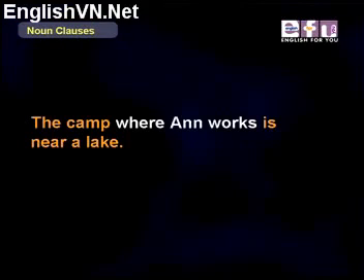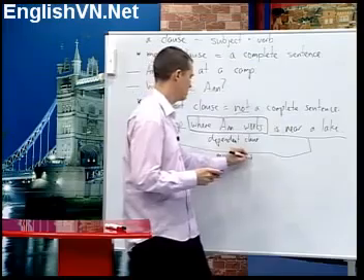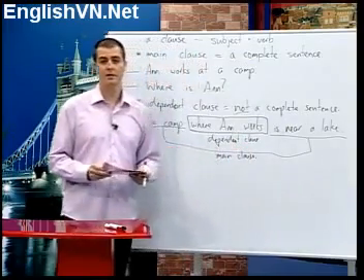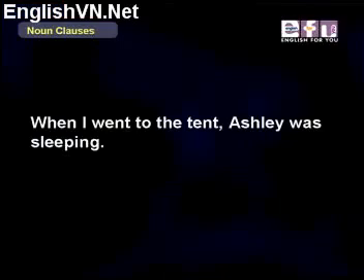The camp is near a lake. It's a complete sentence. The camp is near a lake. This is our main clause. Right. It's a sentence. It can be on its own. One more example. When I went to the tent, Ashley was sleeping.